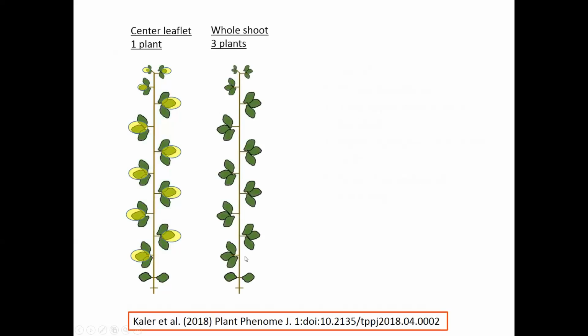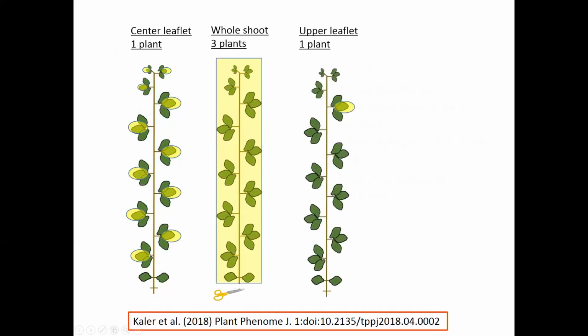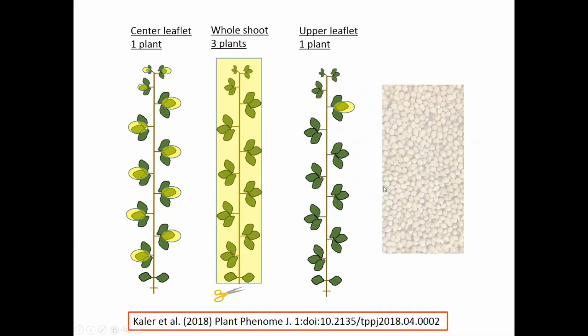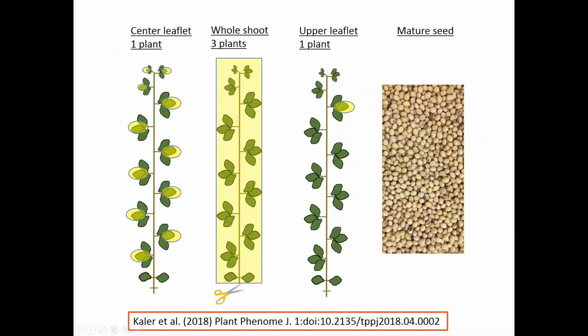We chose 3 plants, and we harvested the entire whole shoot, cutting the plants at the soil surface and selecting the entire plant. From one plant, we chose the uppermost fully expanded center leaflet. And then for the mature seed, we just used a combine grain sample that we subsampled for analysis.